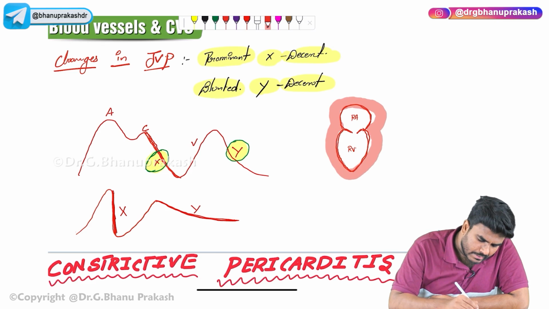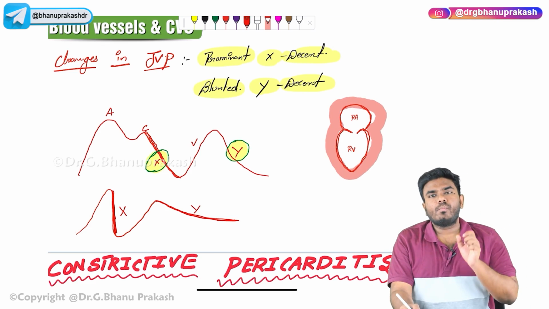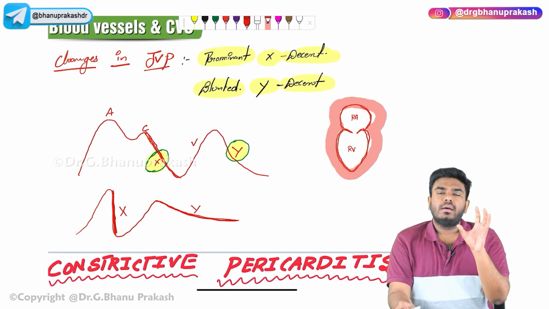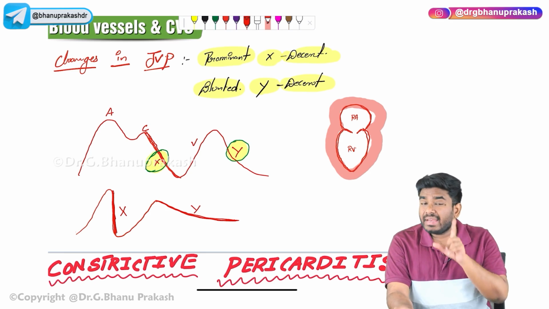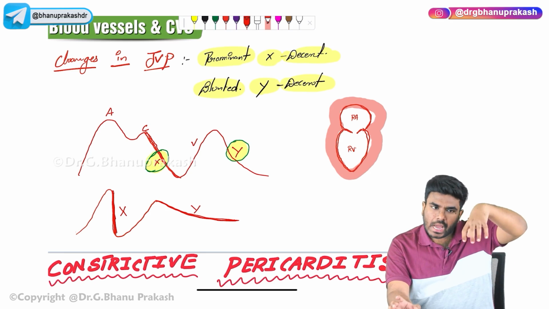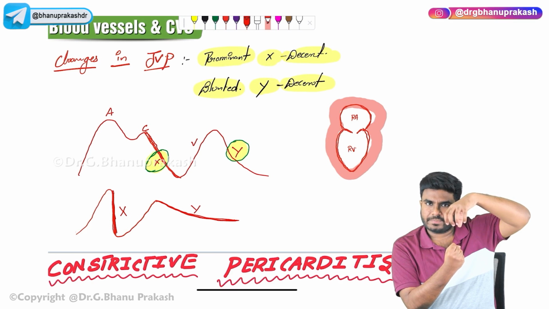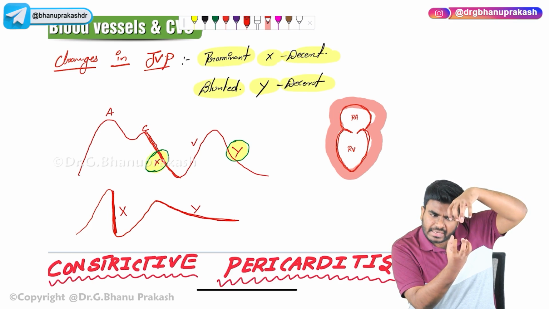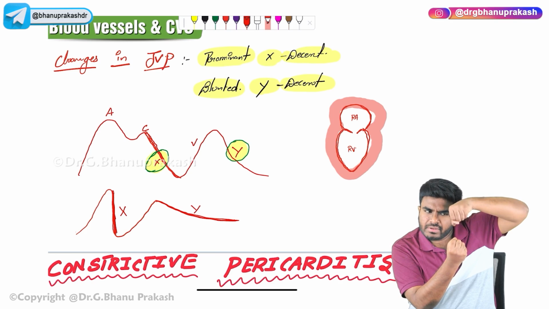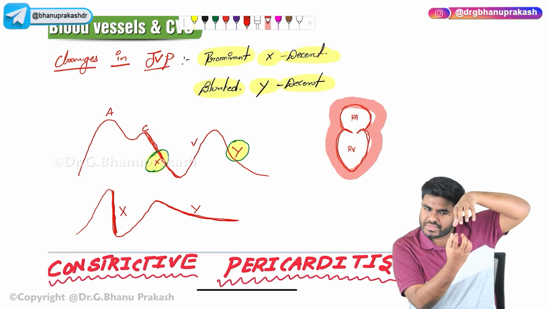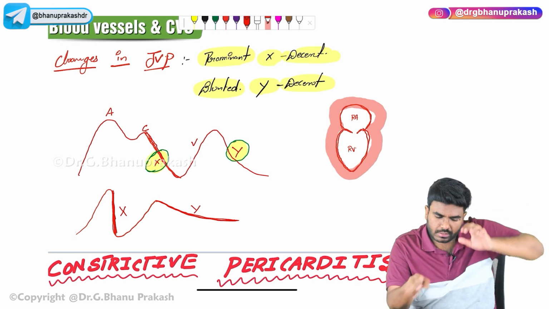Now see, when atrial relaxation happens, ventricular contraction will happen. When the ventricle is contracting, the atria will undergo relaxation, right?